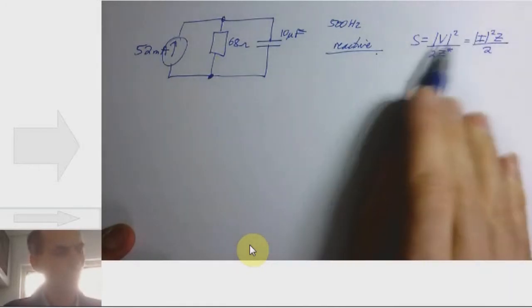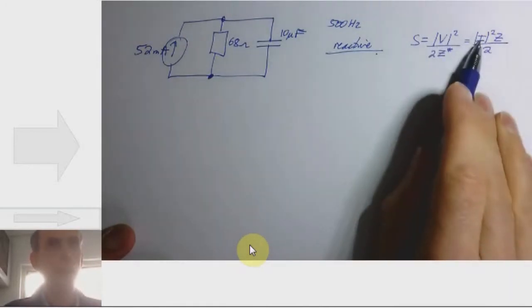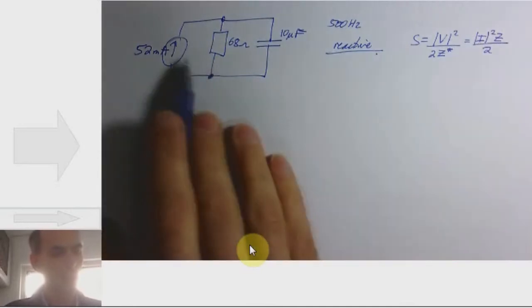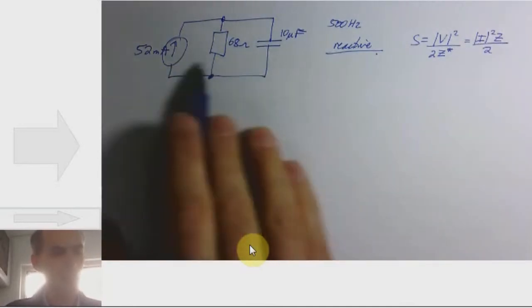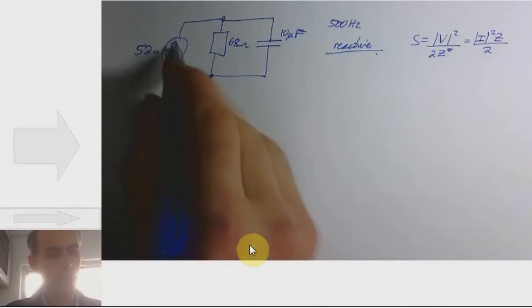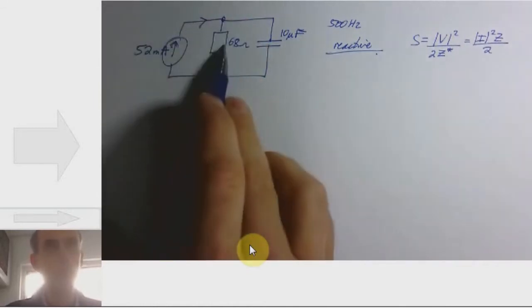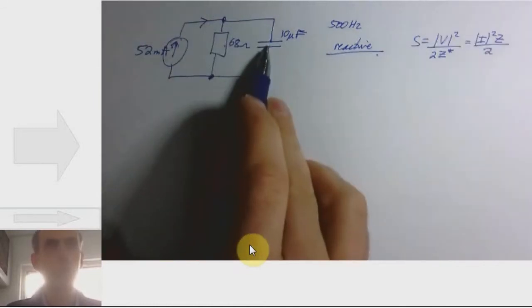Probably the easiest one to work out is I, the current, because this is a current divider. The current 52 milliamps divides down.